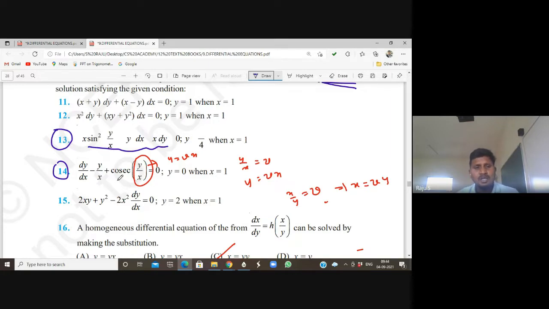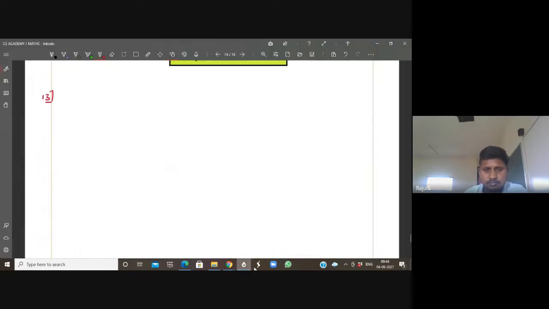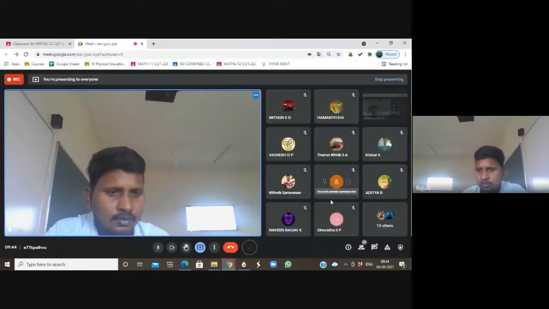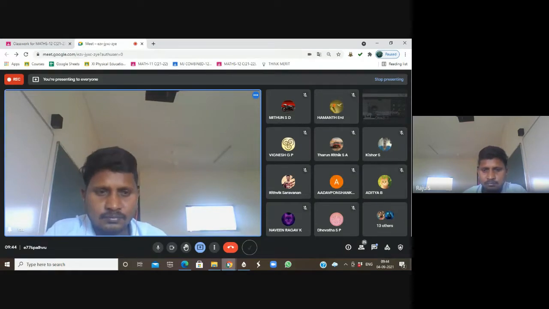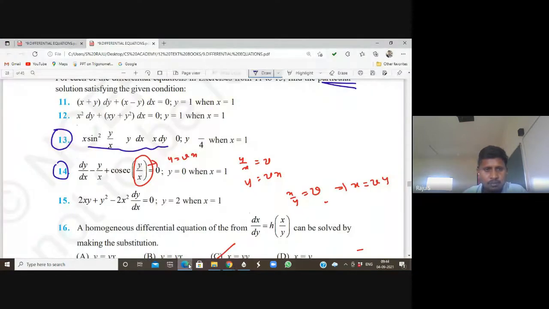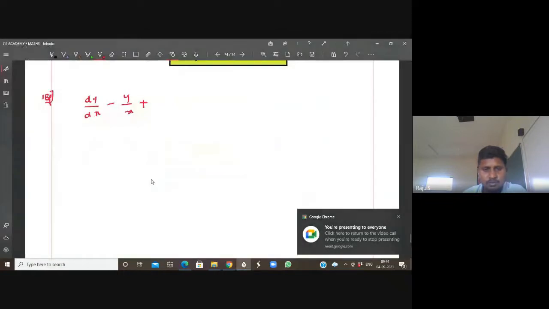All of you change it to standard form like this: y by x, you can change it to the right side. dy by dx minus y by x plus cosecant y by x is 0.